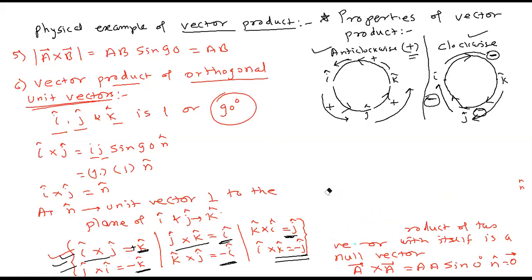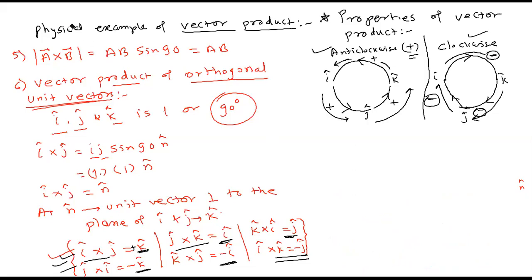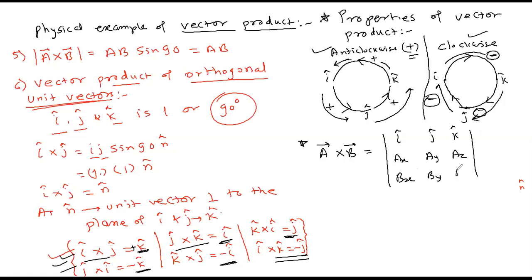Now the next one. The vector product of two vectors can be expressed in terms of their rectangular components as a determinant. For example, vector A cross vector B can be represented as the determinant with the rows i, j, k, then Ax, Ay, Az, and then Bx, By, Bz.